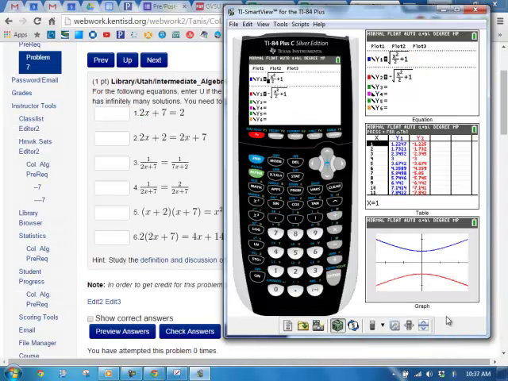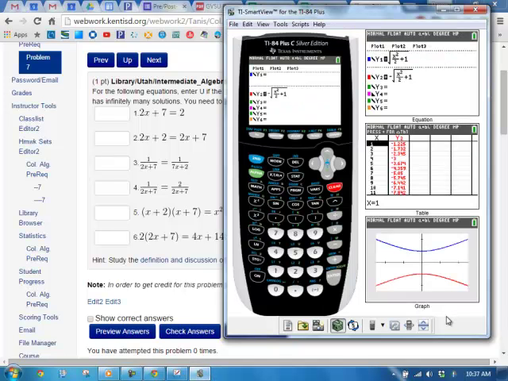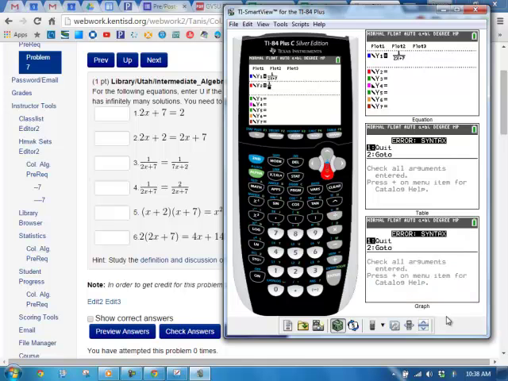Go to y equals, and we're going to enter in 1 over 2x plus 7, and then 1 over 7x plus 2. And then we're just going to hit graph.